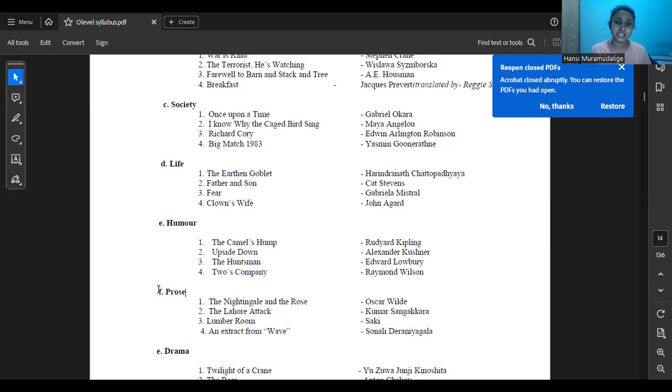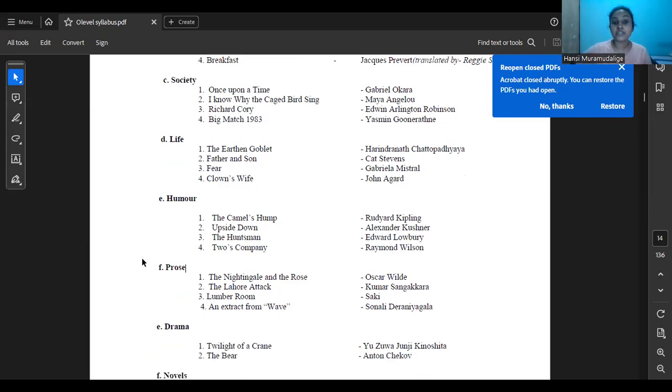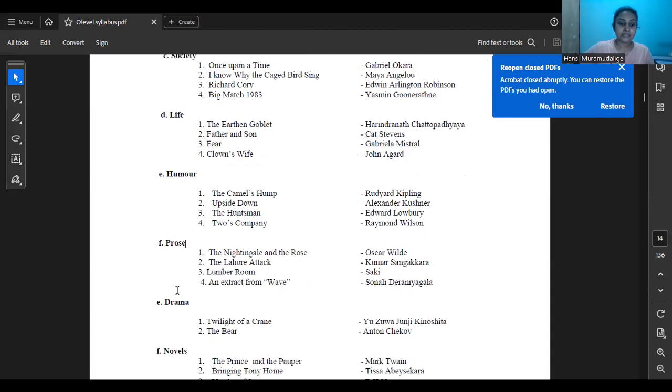It's like just 2-3 pages, right? So that's the prose section. Then dramas. You have 2 dramas to learn. These dramas are not like books, you don't think that they are like books, right? They are not books. They're just included in the anthology, the 2 dramas.